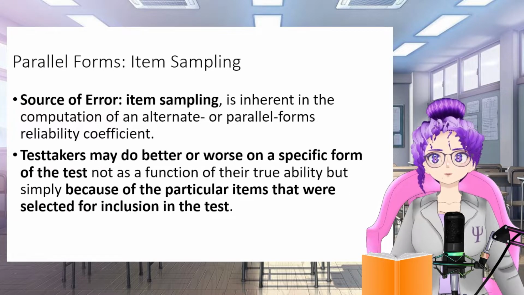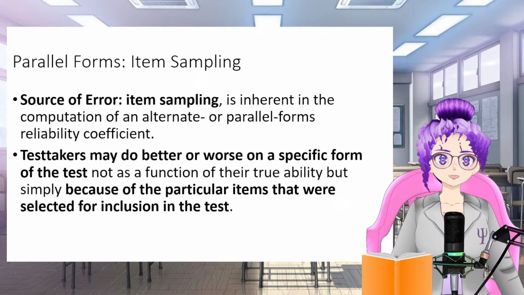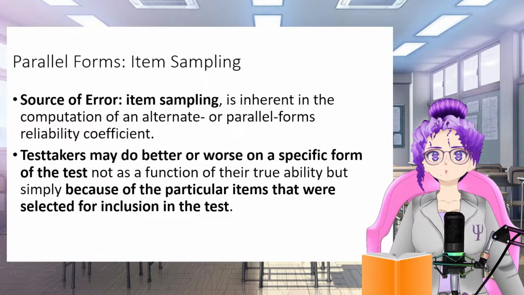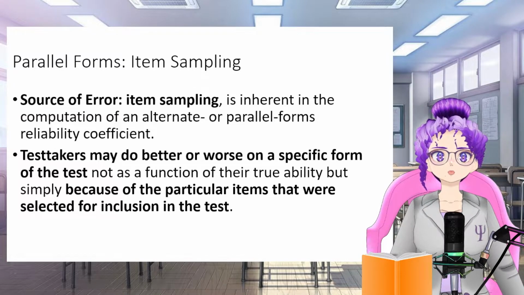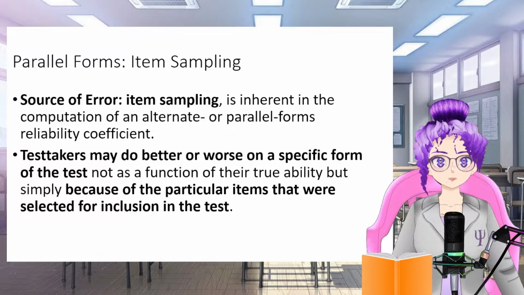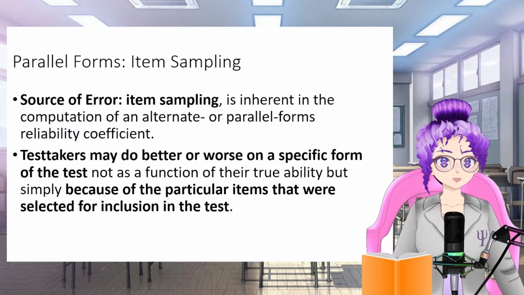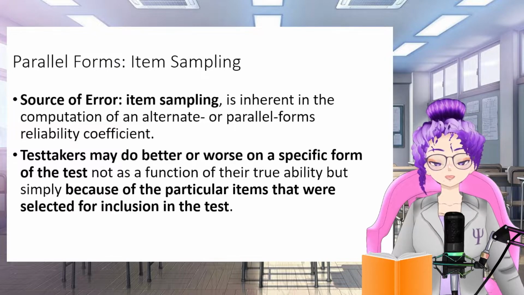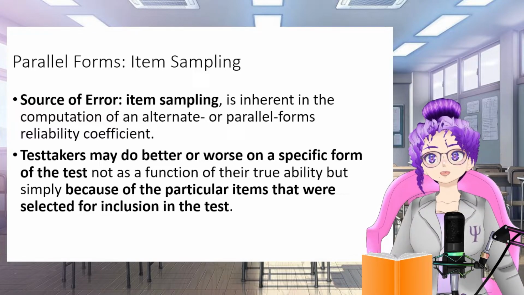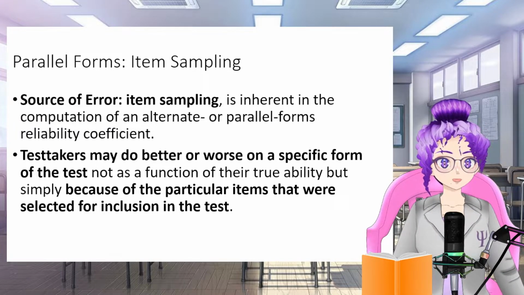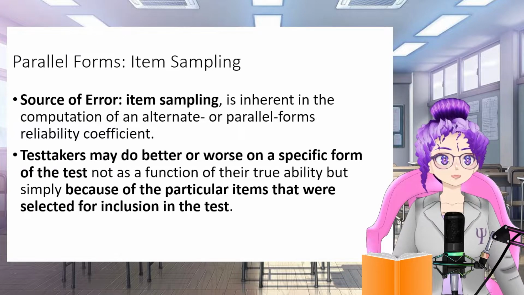I might give set A to one student and he performs better than when I give him set B, maybe because the items I sampled in set A are items that he studied, while in Form B, the items I sampled are ones he did not review.